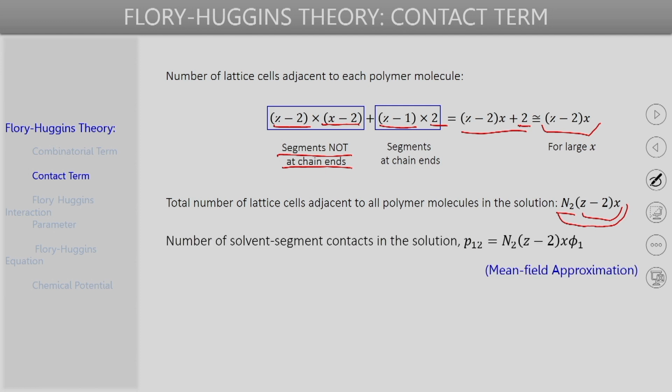So, to do that, again the mean field approximation is invoked in this Flory-Huggins theory. What mean field approximation implies is that the overall volume fraction of the solvent in the entire solution, that same volume fraction can be used to calculate the number of cells adjacent to given polymer molecules which will be occupied by solvents.